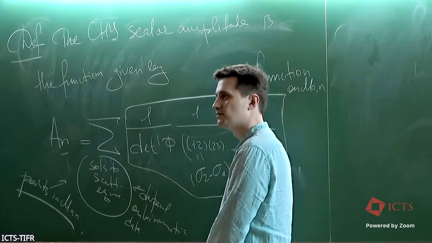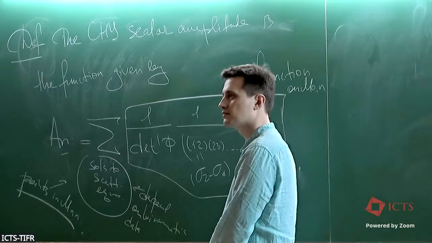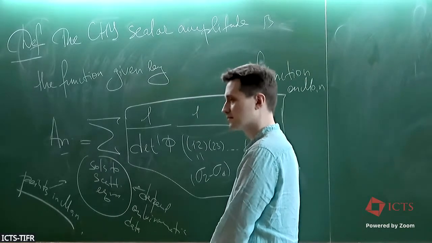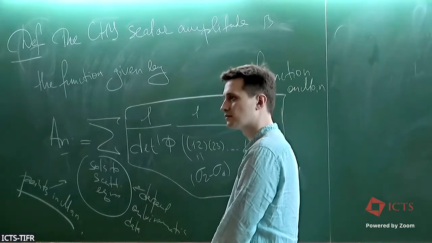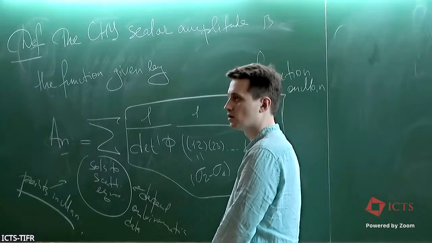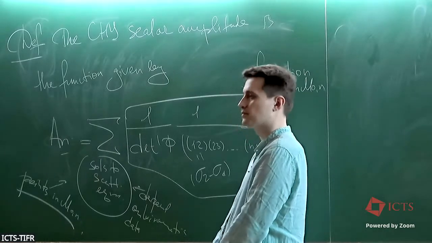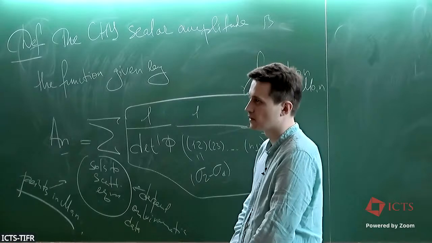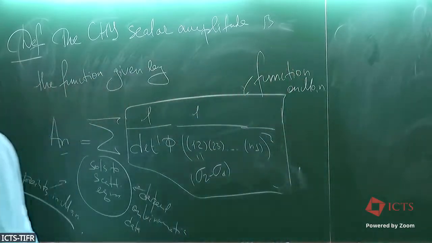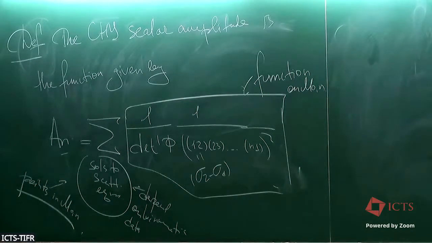Maybe just to rephrase the question: the final answer that we get is maybe a rational function of the Sij's. From this formula, it's very unclear that it's rational, because the sigma ij's are not rational functions of the Sij's. But this is even mathematically a well-defined question: you write down this expression and then some function, and in the end you're supposed to get a rational function of the Sij's, which is very unclear from here.